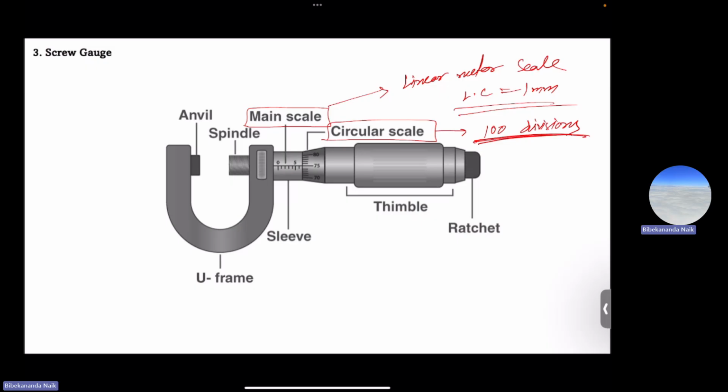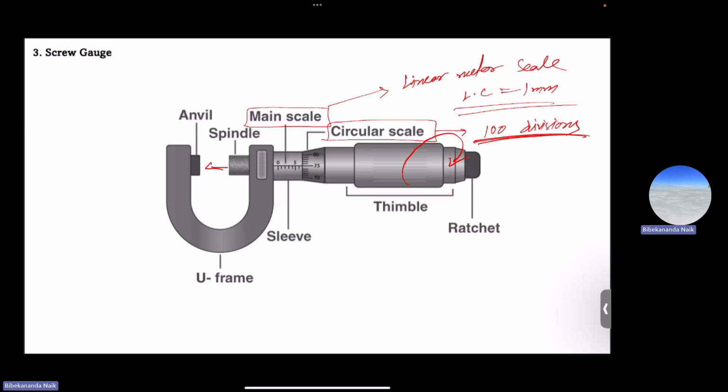Now this is called the ratchet, and this is a thimble which is used to rotate, and when you rotate the thimble, this spindle moves this way. If you rotate it in this way, the spindle will move and touch this anvil. When the spindle touches the anvil, there will be zero reading.